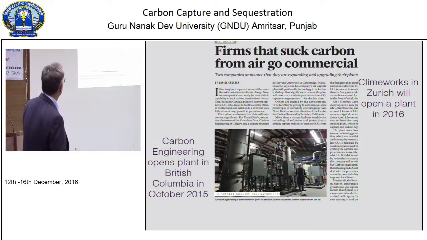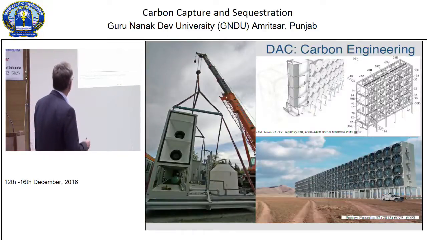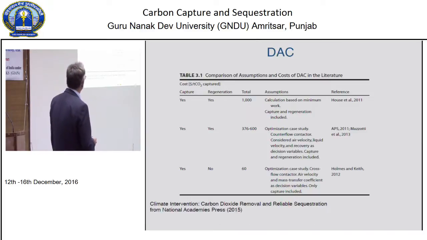And if you look at the energy requirements, that's this column right here, you recognize they still vary all over the place, between 60 and 1,000 in these particular units, which is the dollars per ton of CO2 captured. So still a lot is yet to be known on these systems.